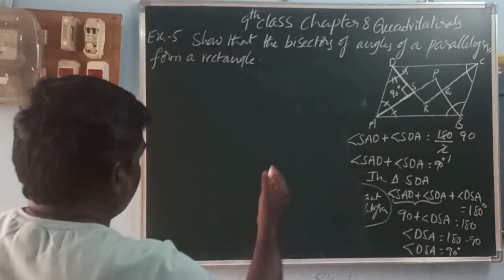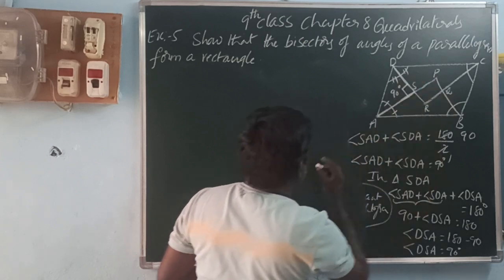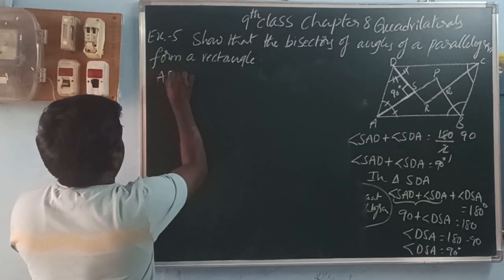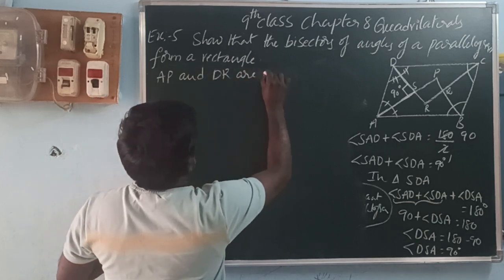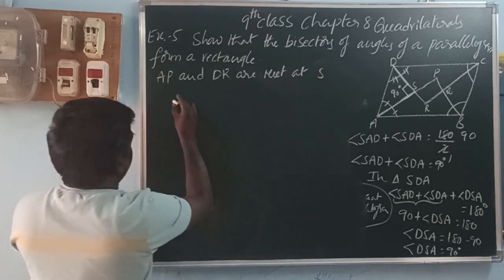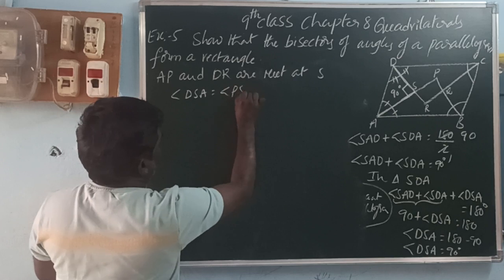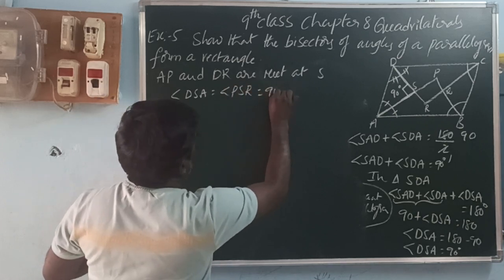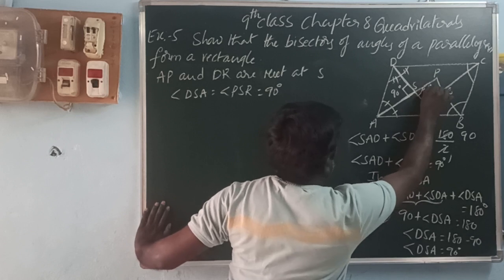So opposite angles are equal when any two lines intersect. Here AP and DR meet at S. Then angle DSA is equal to angle PSR, which is 90 degrees.